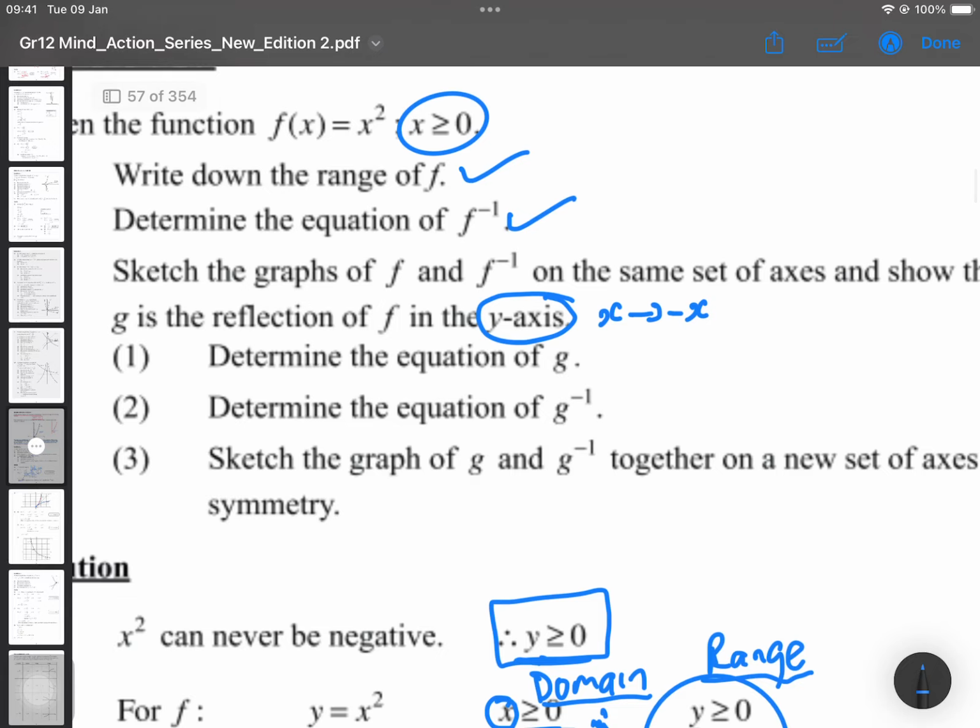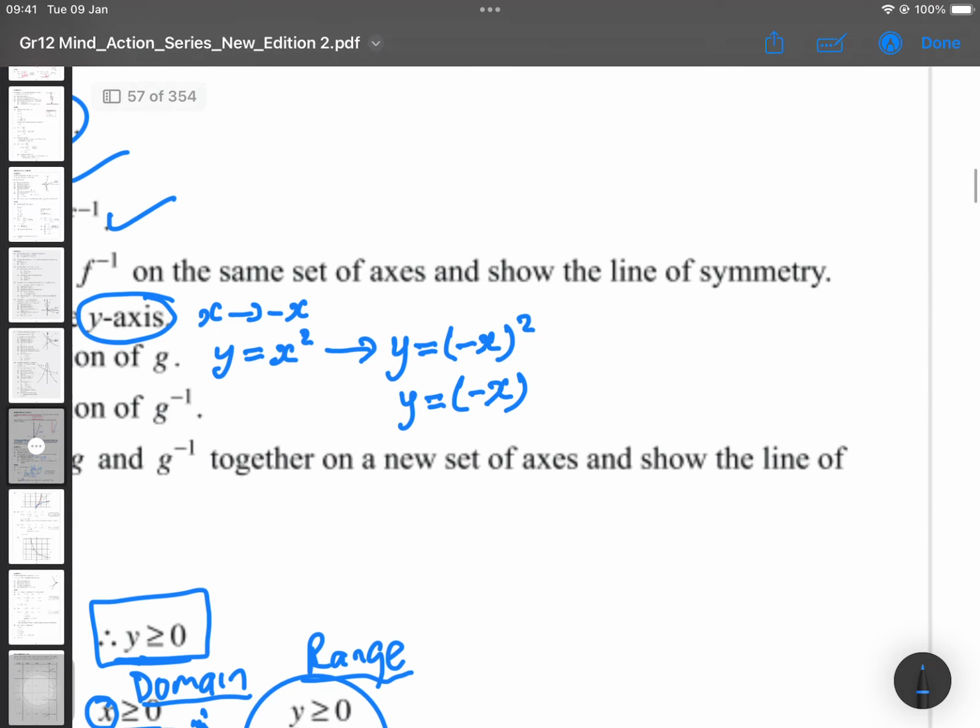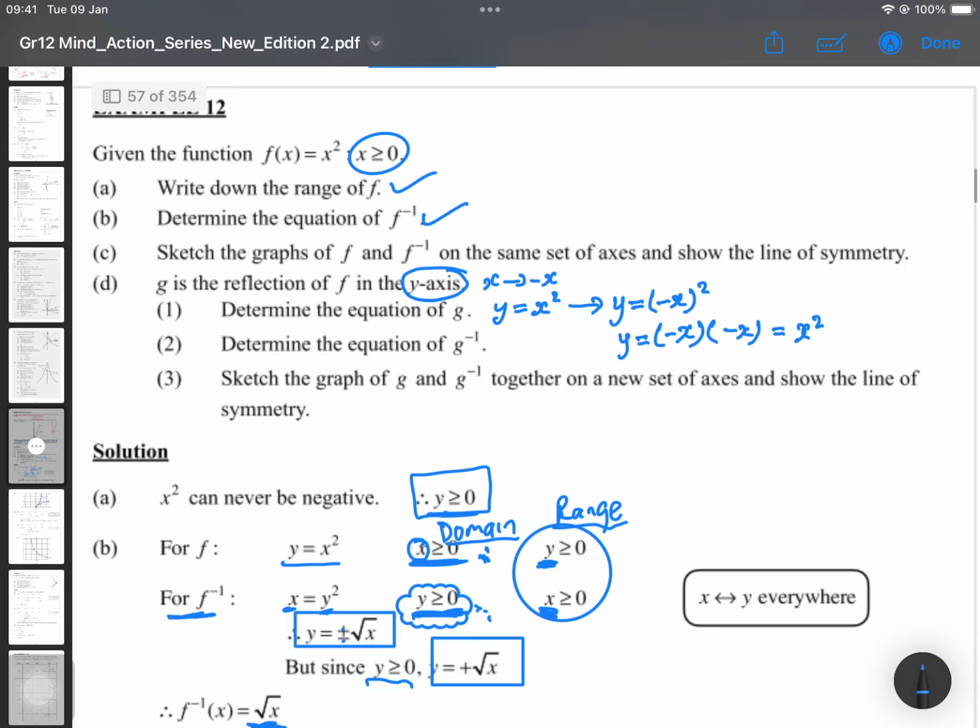So that means the equation will be, from y equals x squared, y equals negative x squared, which is still, if you open two brackets, minus x, you'll see that it's still negative times negative, positive, still x squared. So the equation for the inverse is still x squared.